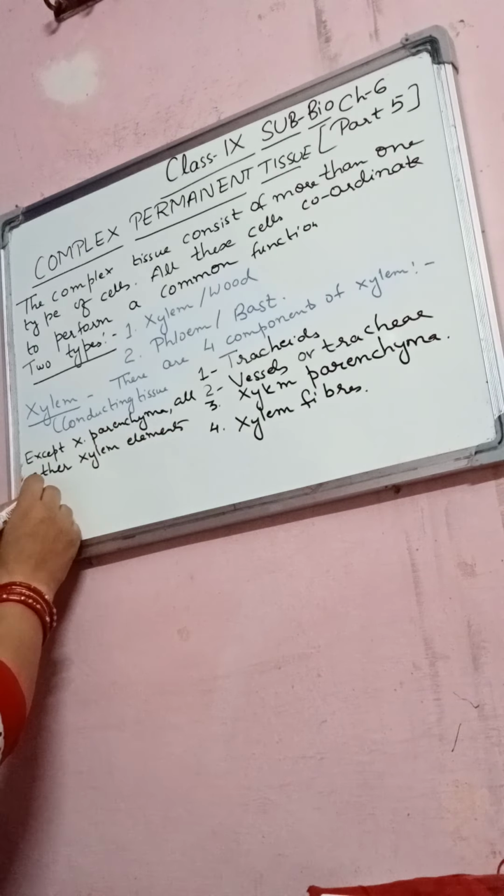The main function of xylem is to carry water and mineral salts upward from the root to different parts of the shoots.